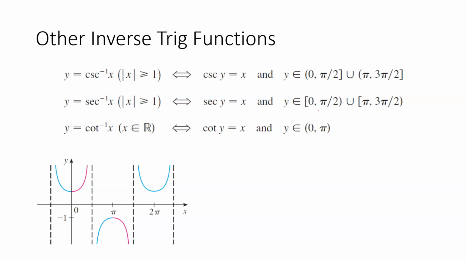range of our secant inverse function is a little bit strange. It goes from 0 to pi over 2 and then from pi to 3 pi over 2. And so why is that? Well, on the interval from 0 to pi over 2, we get this branch of the secant function that's in red here, and then on the other interval from pi to 3 pi over 2, we get this other branch.